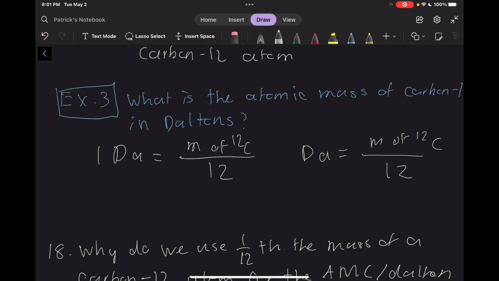So we end up with this equation. If we solve for the blank value here, we find that the total atomic mass of a carbon-12 atom is exactly 12 daltons.